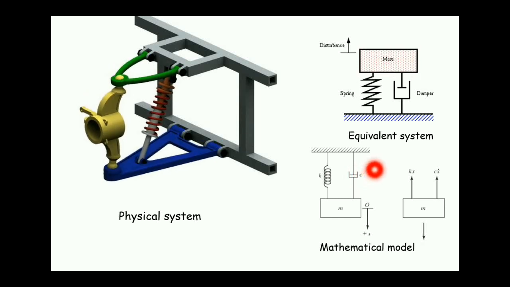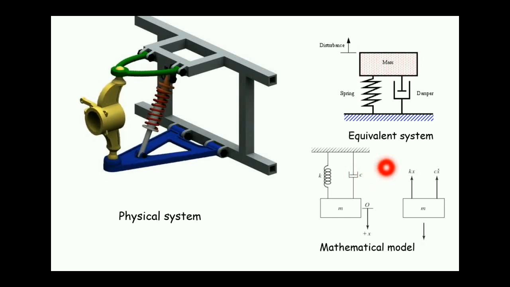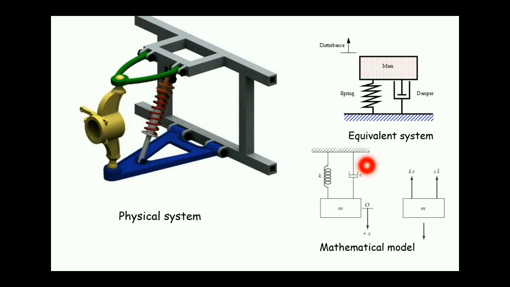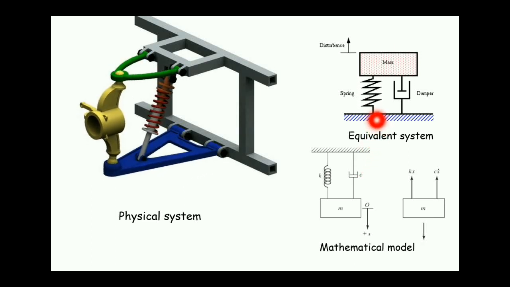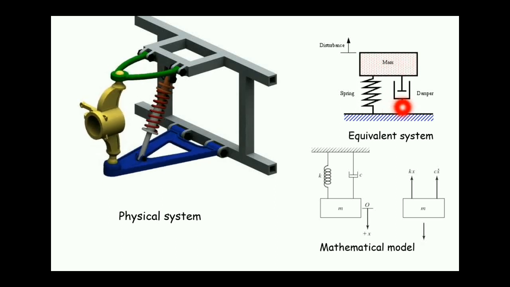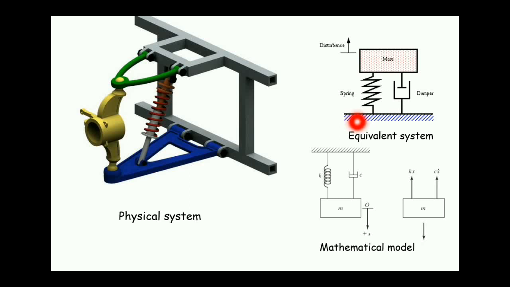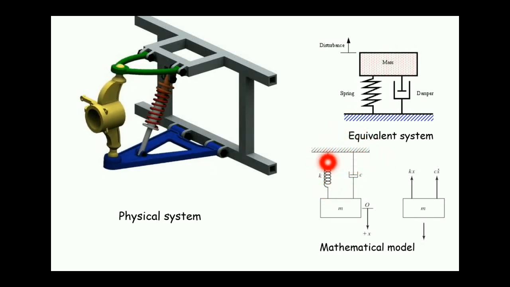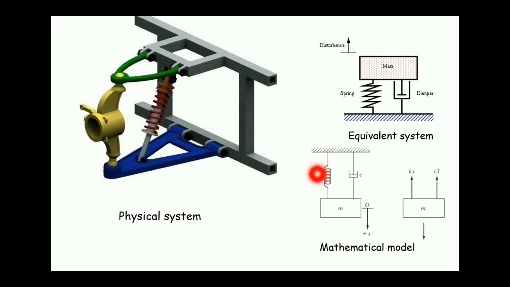So the forces existing in the system are, one, a spring force and, second, a damping force. These two forces we need to show in the free body diagram of this particular system.